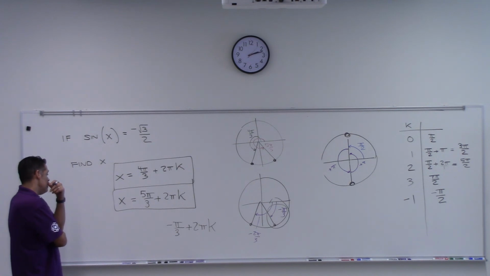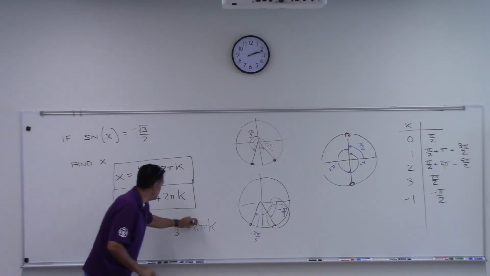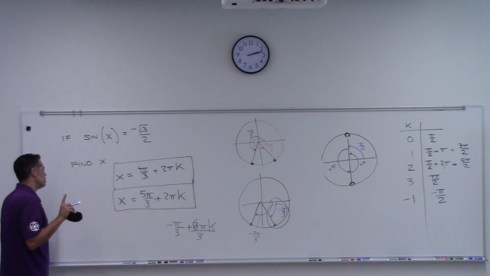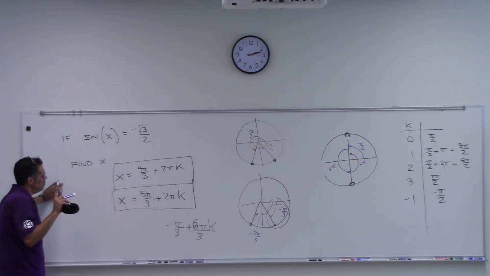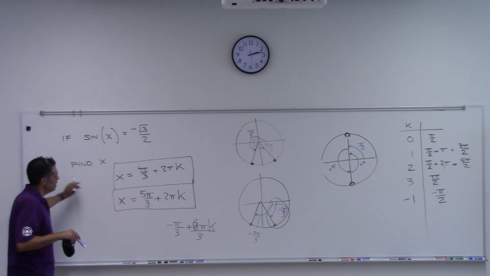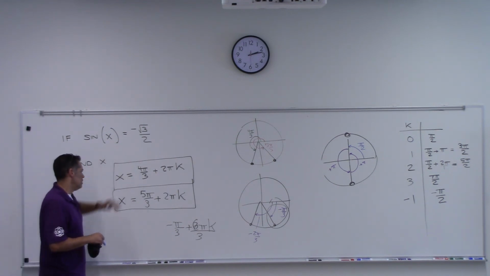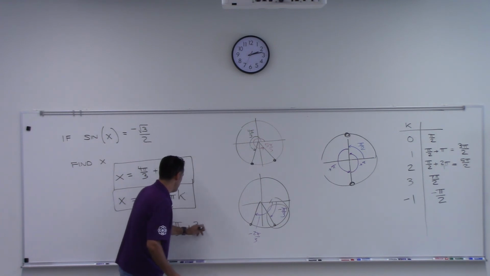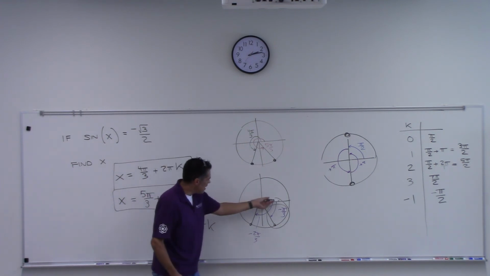If k is 2, if k is 1... Hold on, I'm doing something stupid right now. Trying to get to this one. It was plus 2 pi k. We agree this is negative pi over 3?